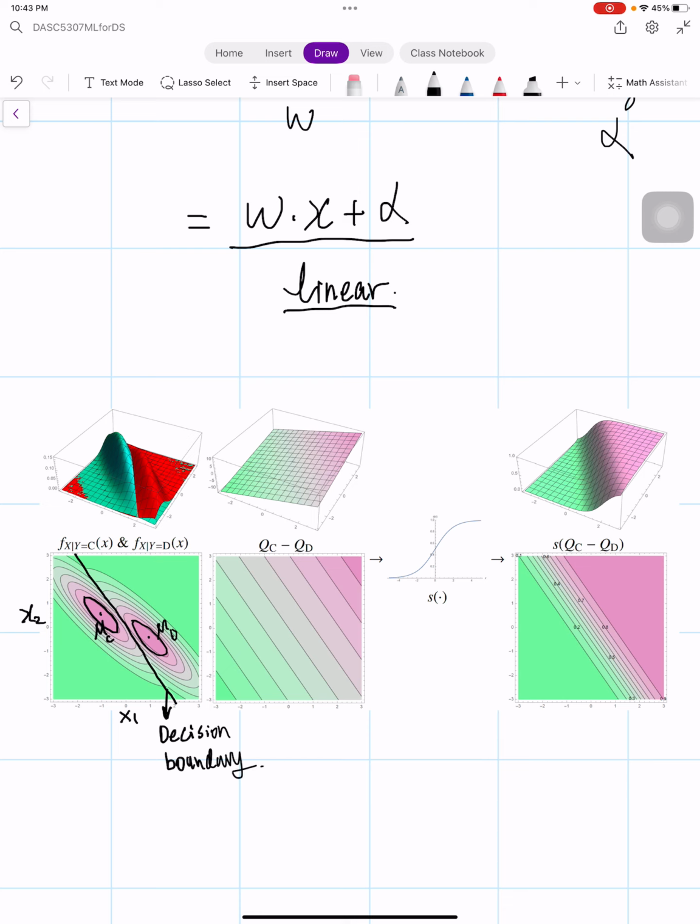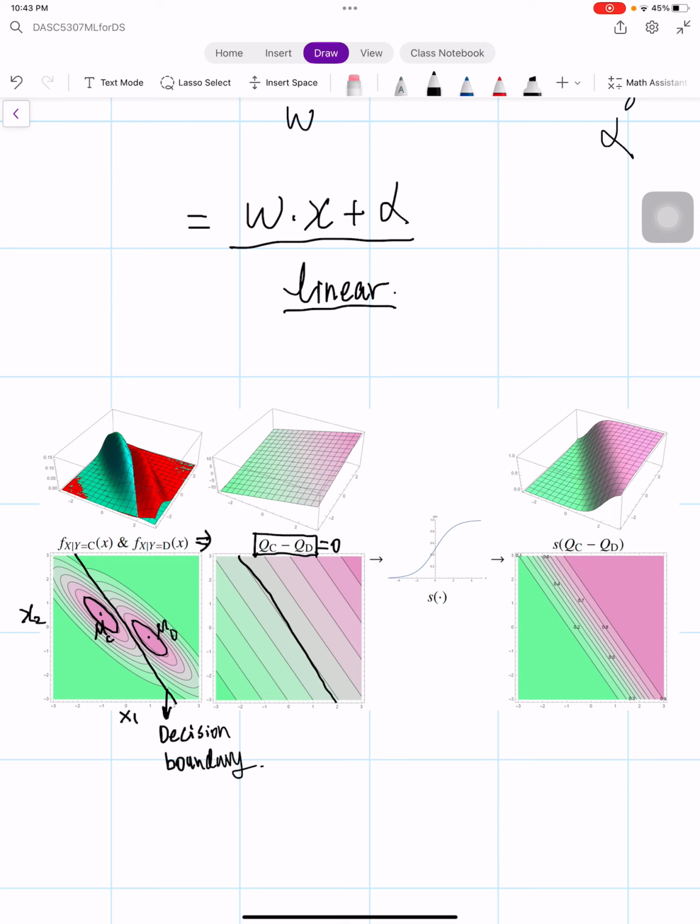Based on this, we can derive the decision function QC minus QD. Because this is a linear function, the contour plot is just straight lines. We set this equal to 0 and find the decision function.